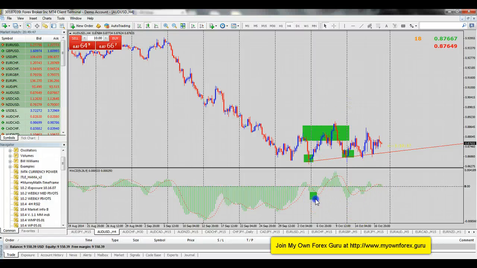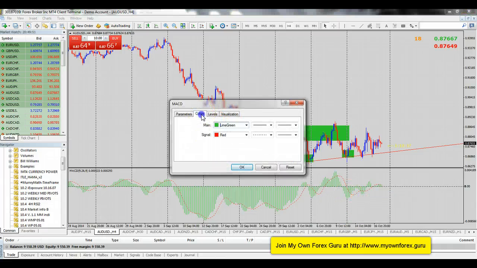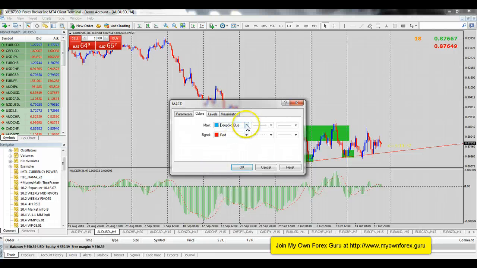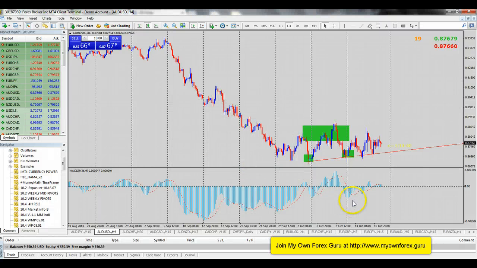Sorry, I'm getting excited. Let's change those colors. Let's see. These are pretty similar, so there's no divergent here. I'm going to explain the concept anyway.